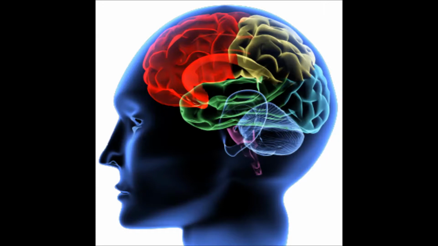And then that goes up here. In addition, you have your cranial nerves coming in, things like the optic nerve or the auditory nerve. And then you have your brain here, which we'll look at in more detail in the next slide.